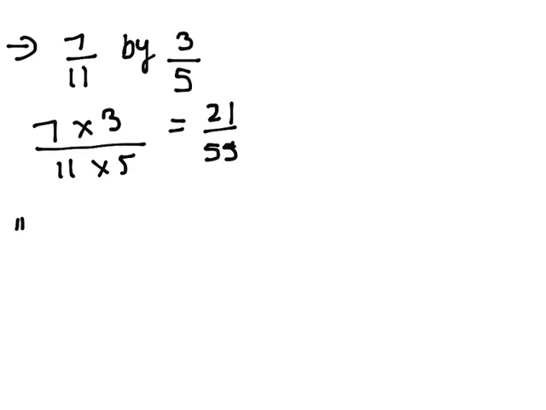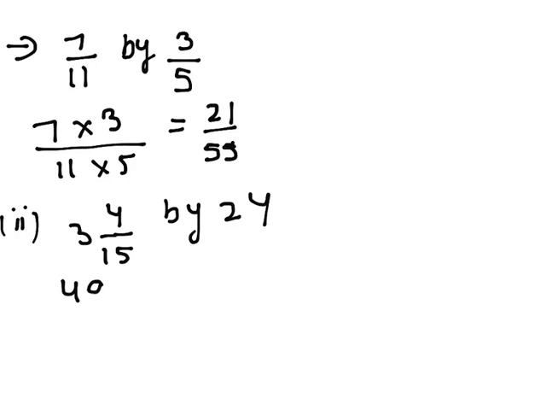Let's have another example. In this we have a mixed fraction, like 3 whole 4 by 15, and we have to multiply it with 24. In such a case, we will first change the mixed fraction into an improper fraction. So what will it give us? 15 times 3 is 45 plus 4 is 49 by 15. We have to multiply it with 24.